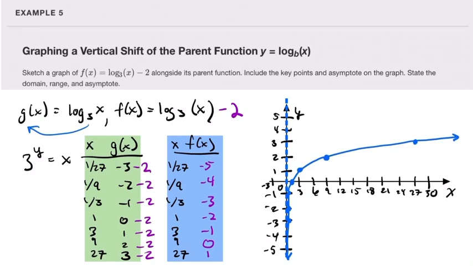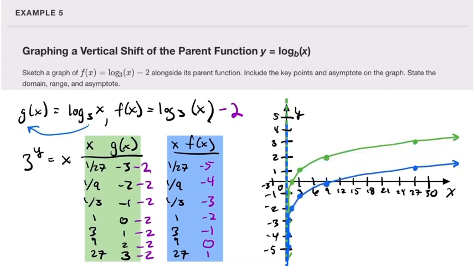So we said that the new graph is going to be the same as the original graph, but shifted down by 2. x is 1 should be at negative 2.